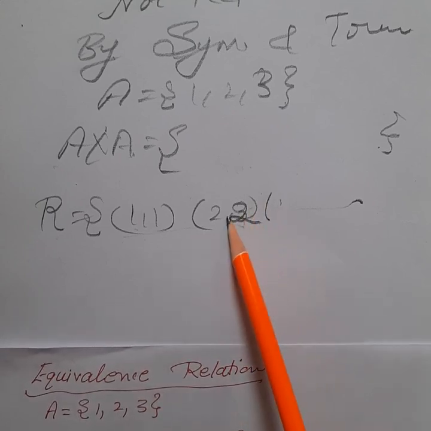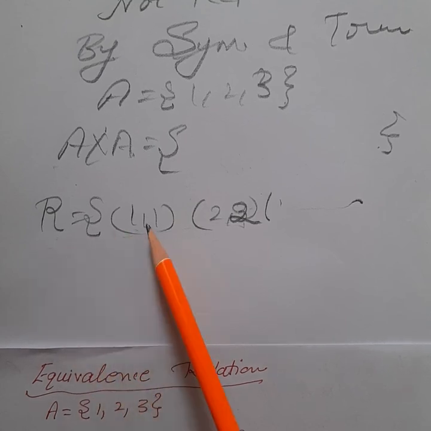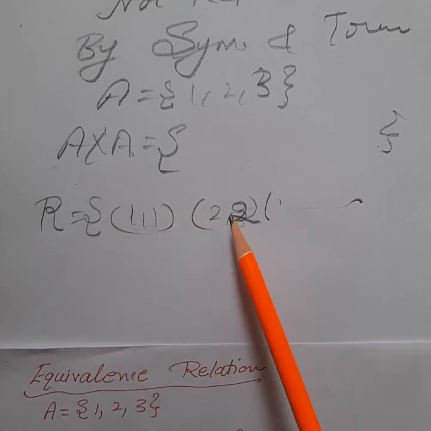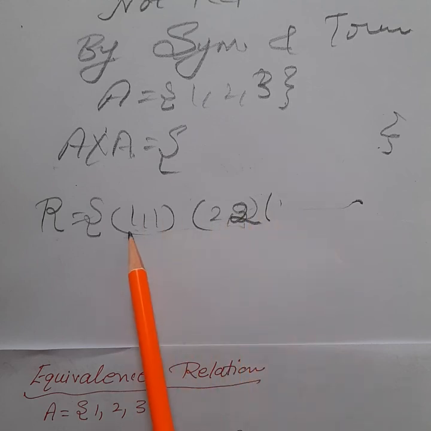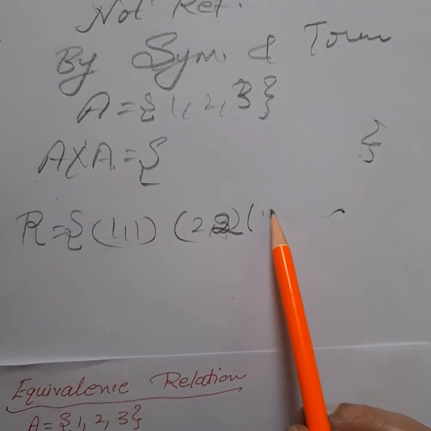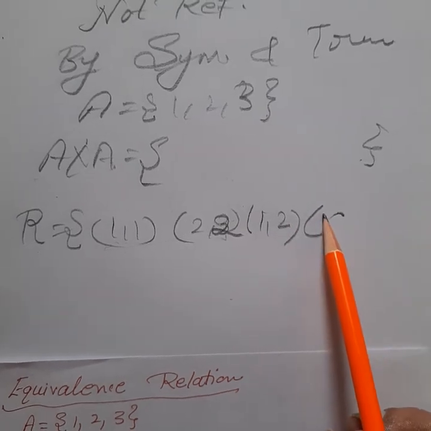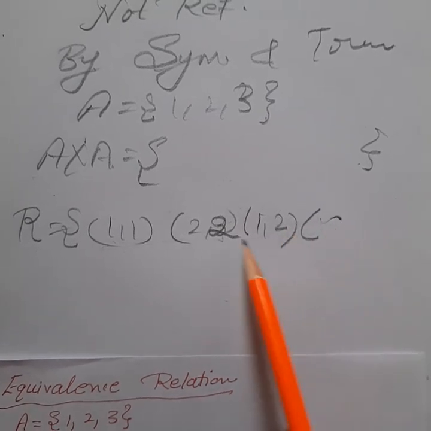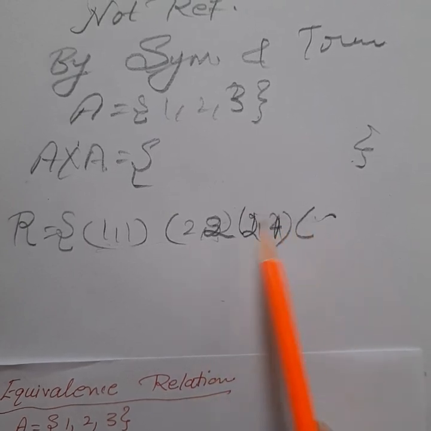And if the question asks that the relation is not reflexive, it means you do not write the third element, or the second, or the first. Okay, then all the other elements you can write, like (1,2) or (2,1), all the other elements you can write.